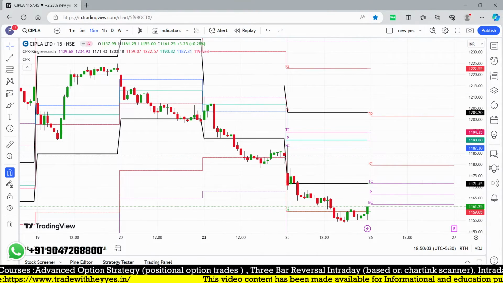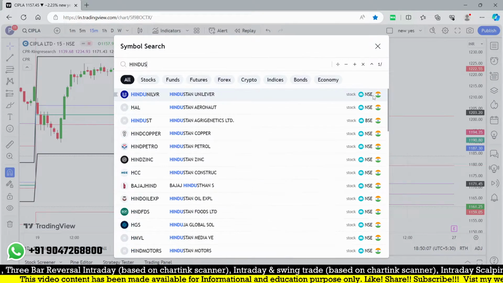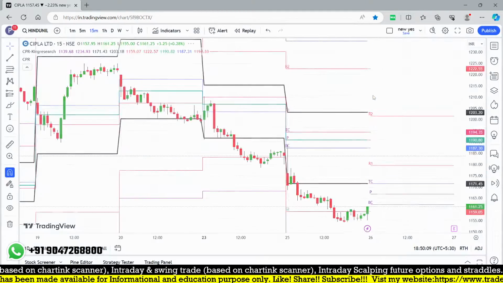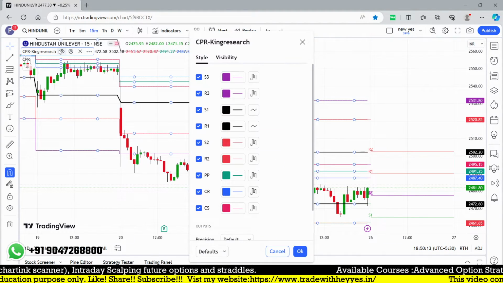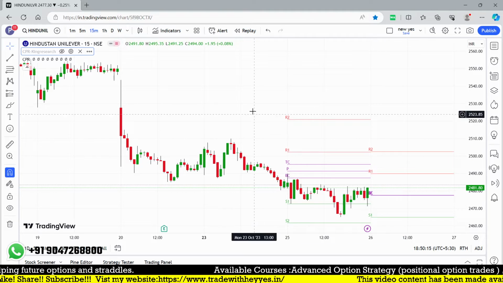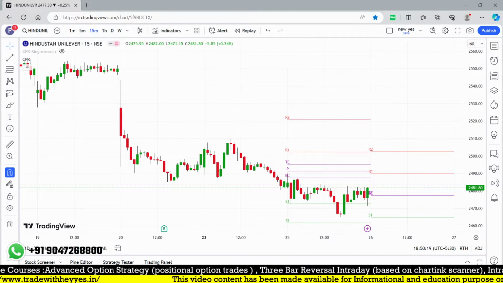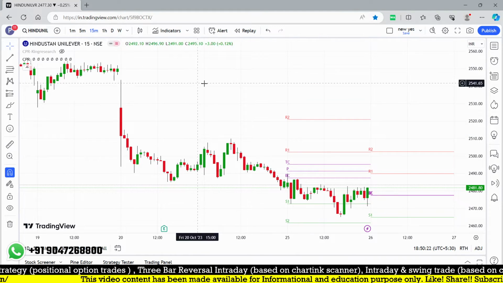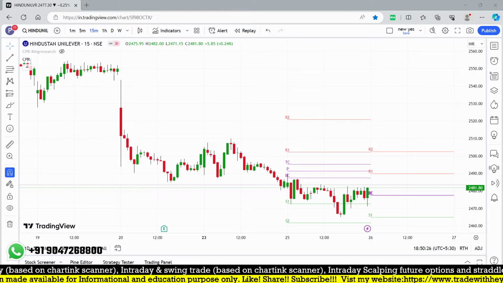And if you are looking at a daily narrow CPR for tomorrow, it is mainly Hindustan Unilever, which is forming a very tight range. Okay, so tomorrow you can look at this very narrow, tight range in narrow CPR. And most importantly, the BC is always lesser than the TC. So that is very important. Okay. And if you hide this condition, you will get a lot of stocks, but I'm looking for the normal CPR one.